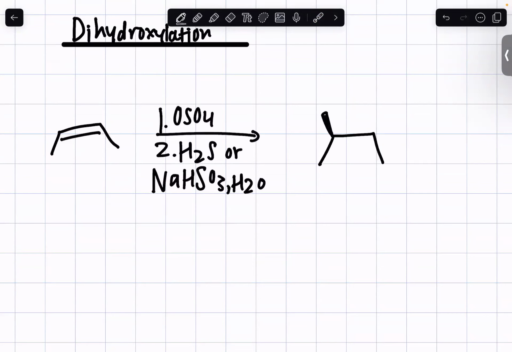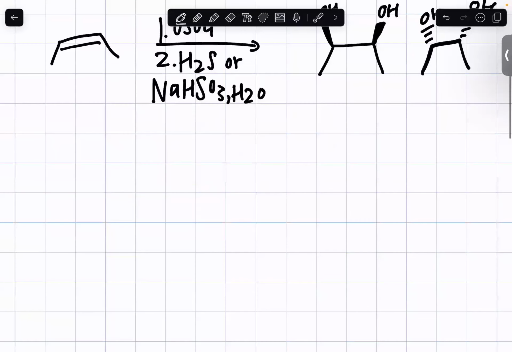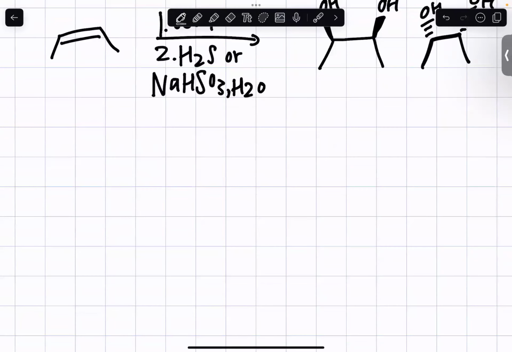So it could be both wedges, OH, OH, or both dashes, OH, OH. So the mechanism is going to be something like this. Osmium tetroxide: that Os is bonded to four oxygens and double bonded to all four.